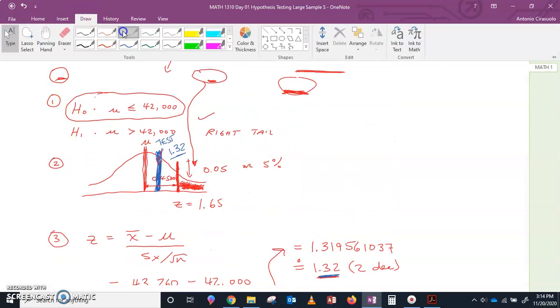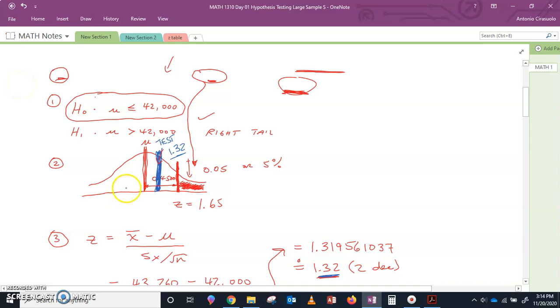Step 1 was to state the hypotheses. Step 2 was to find the critical region and the values, right?